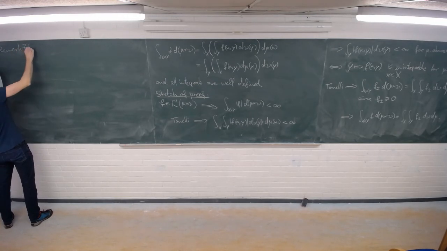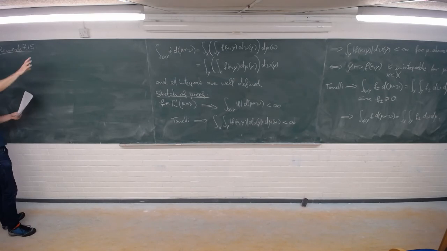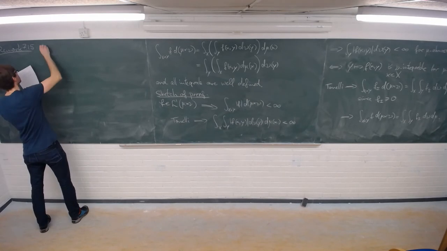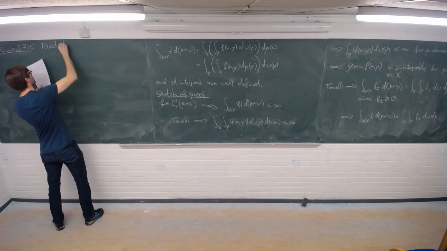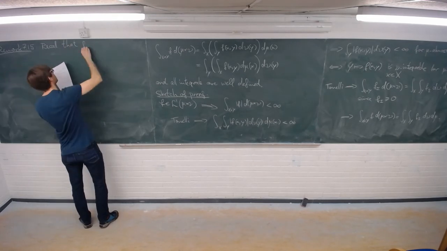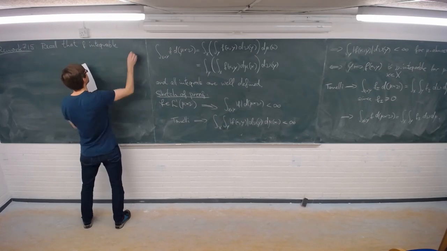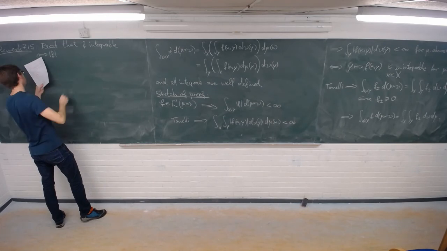That's remark 7.15. And this remark can be quite useful. It just says how we can combine Fubini and Tonelli to show existence of integrals. So, I said this already. Recall that f is integrable if and only if the absolute value of f is integrable.